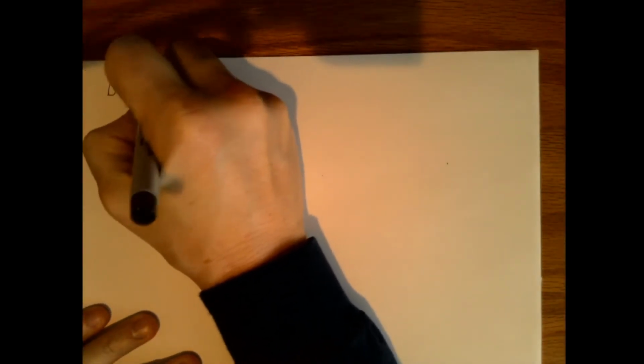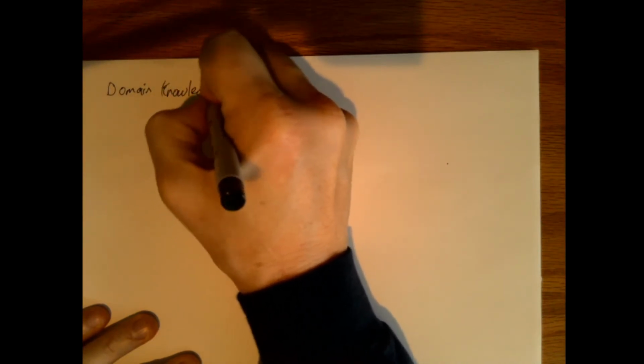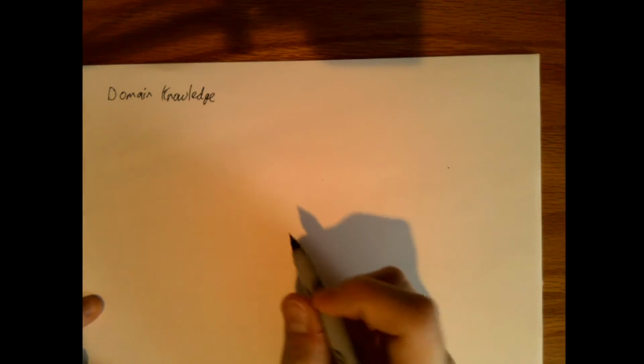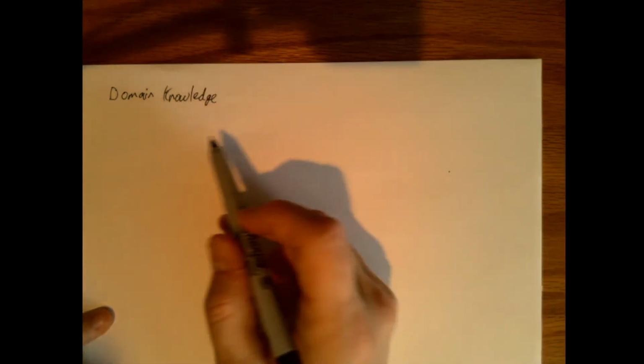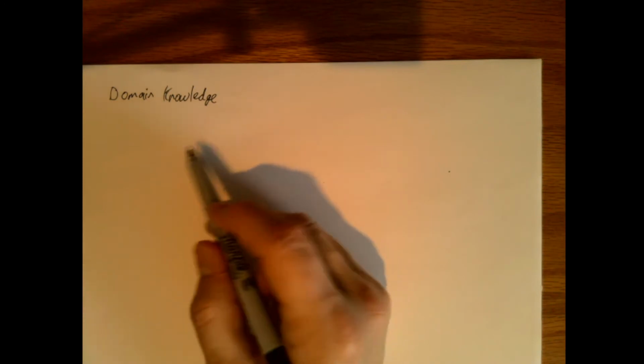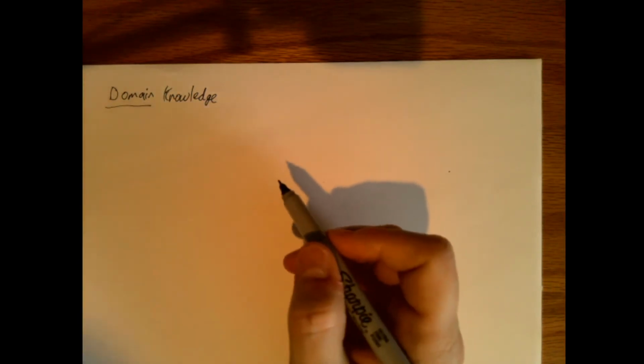Now, one of the things you have to keep in mind is that in order to prove things, you typically have to have some type of domain knowledge. What does that mean? Well, if I want to prove things about physics, I typically need to know something about physics. If I want to prove something about statistics, I typically have to know something about statistics. Those are the domains involved.